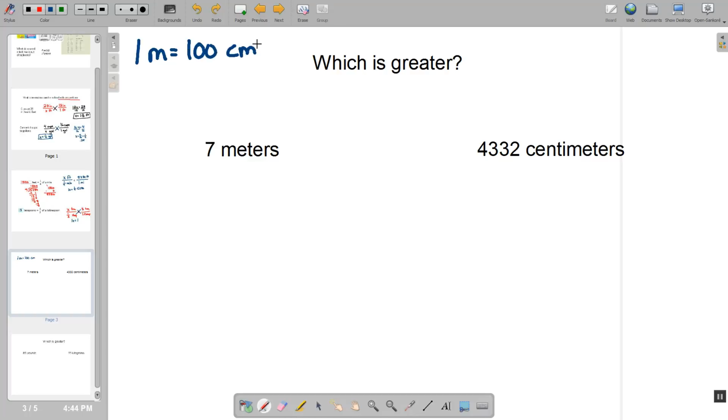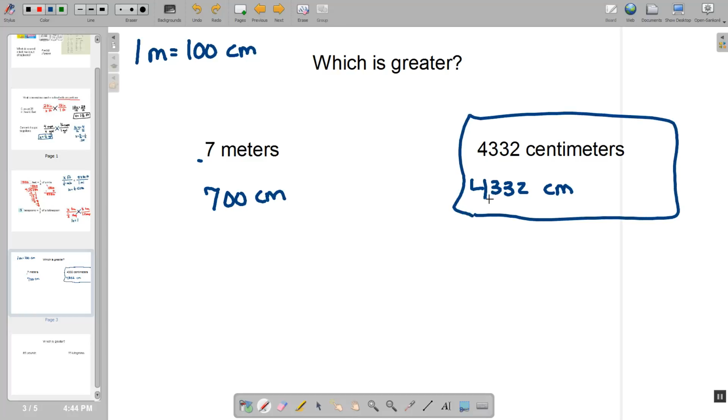So 1 meter is equivalent to 100 centimeters. If I take 7 meters times 100, I get 700 centimeters, or 4,332 centimeters. And obviously this one turns out to be a lot bigger.